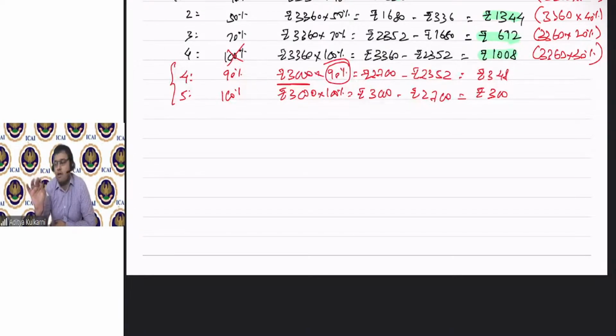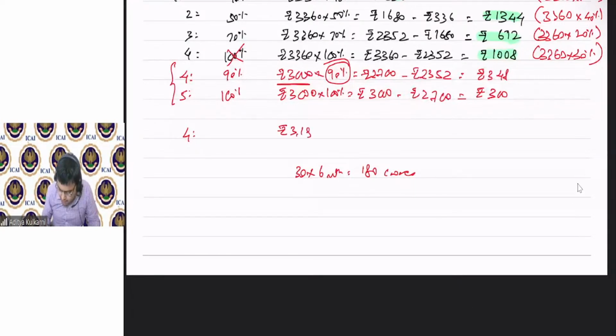So at the end of year 4, I know how much I'm going to complete, when I'm going to complete. And that is why in year 4 itself, you will now say that, sir, I'm not going to get the full bonus. I'm going to get only 6-month bonus. So 30 into 6 months, 180 crores.